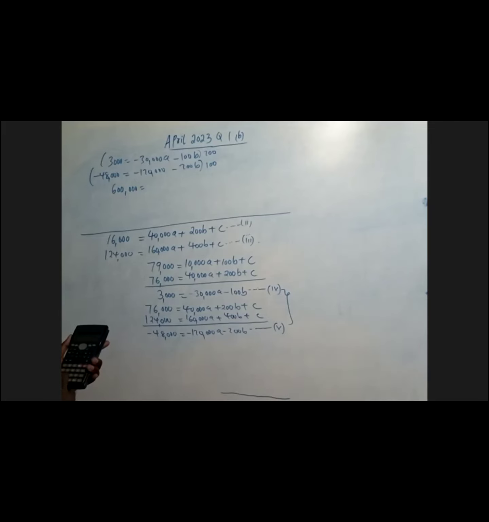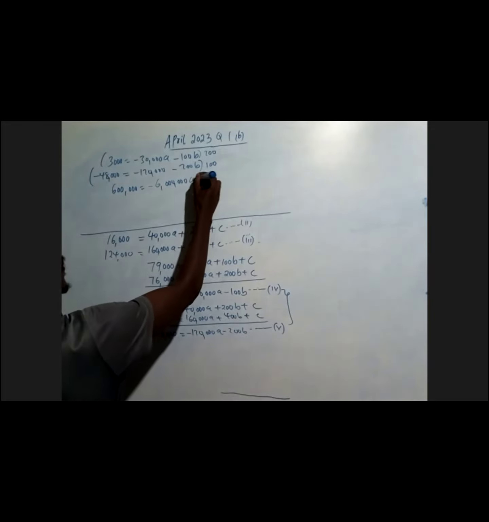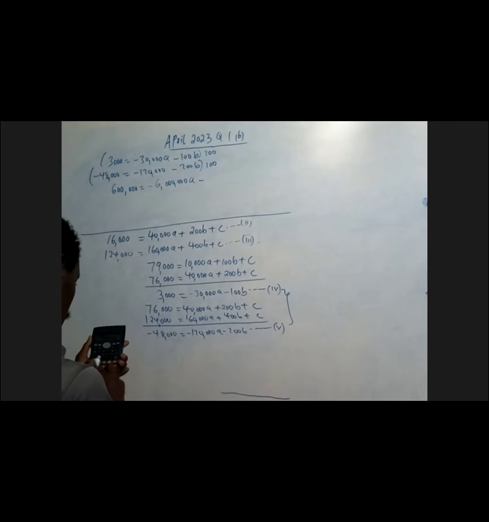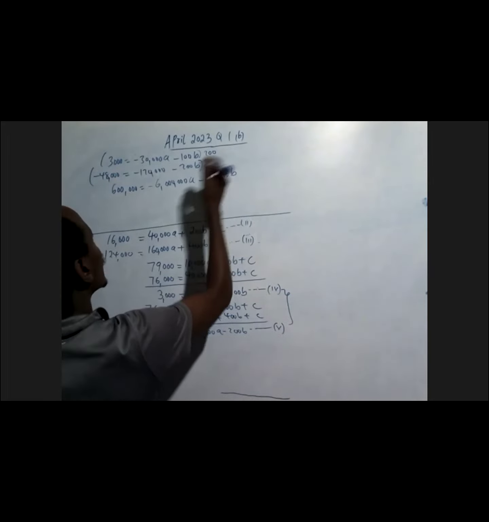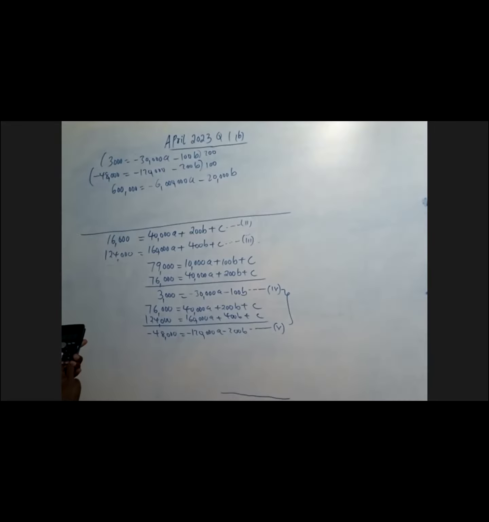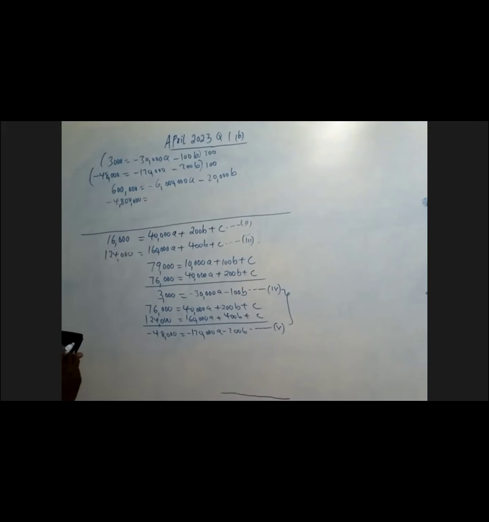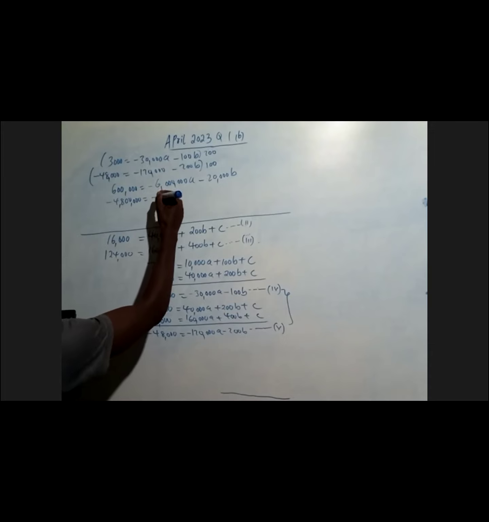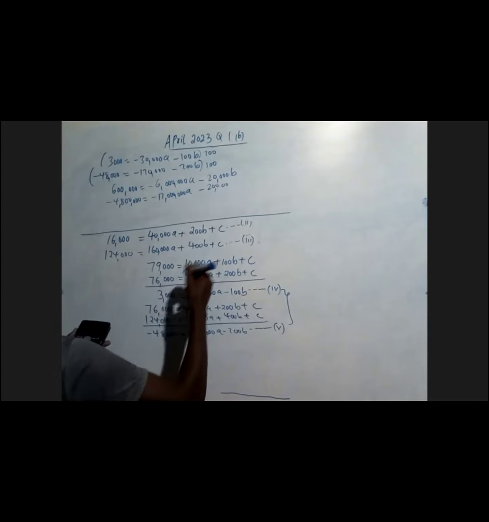Then minus 30,000 times 200 is minus 6 million A. And then 200 times 100 is 20,000 B. Then you have minus 48,000 times 100, and then 120,000 times 100 is minus 12 million, and then 200,000, 20,000 B.